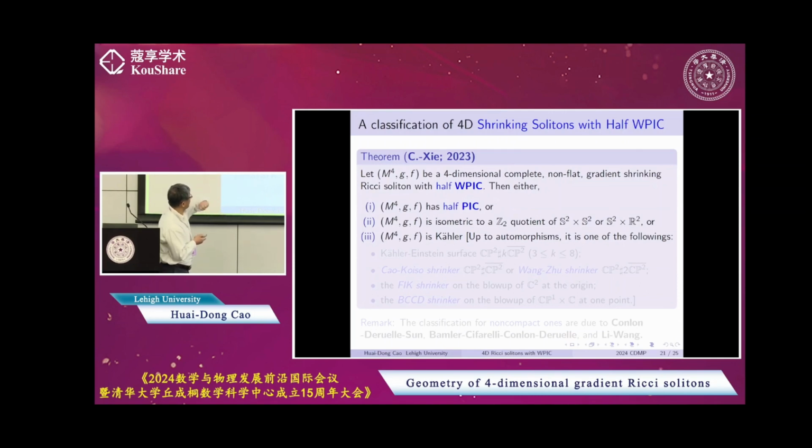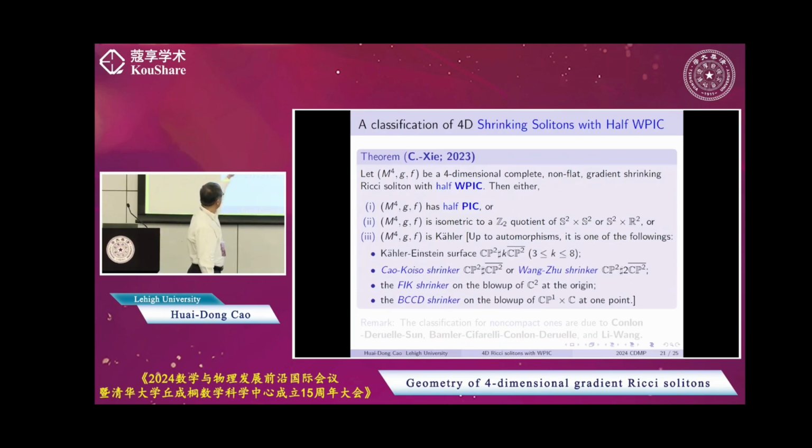Either it's a standard one, and then the Taylor ones, recently, thanks to the work of several people, are completely understood.